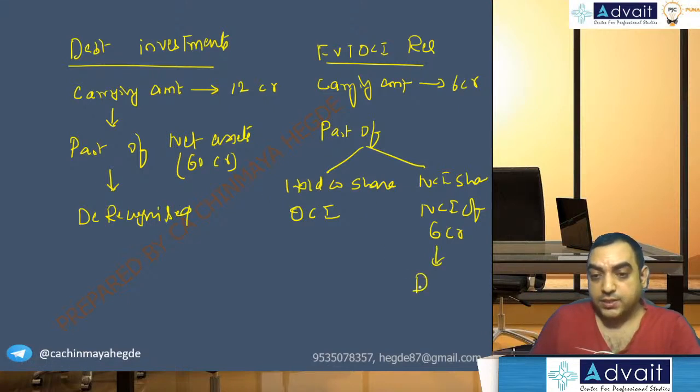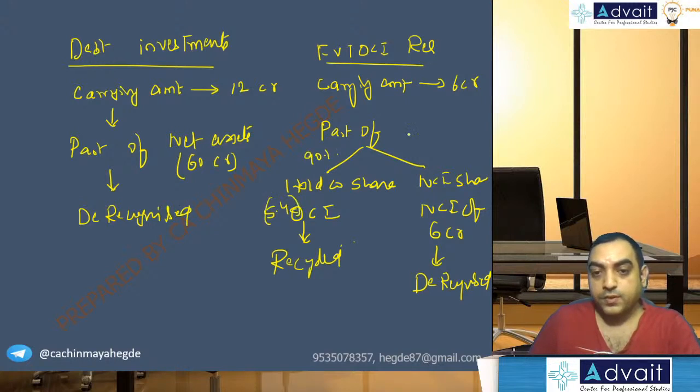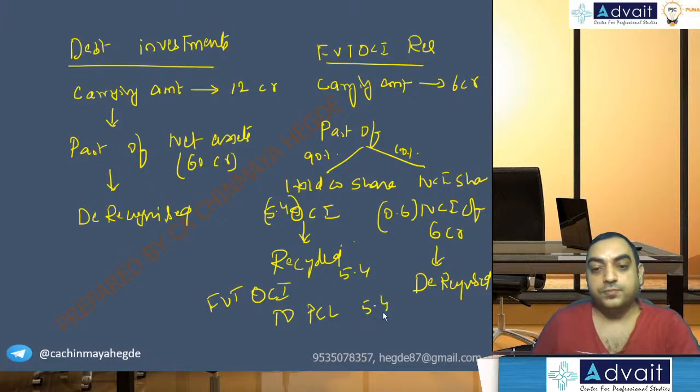The NCI portion is derecognized already as part of NCI. The rest needs to be reclassified, or recycled. How much? 90% means 5.4 and 10% means 0.6. This 5.4 should be recycled. So from the FVT OCI account debit, to P&L, we will be transferring 5.4. Okay, I hope you got the clarity now.